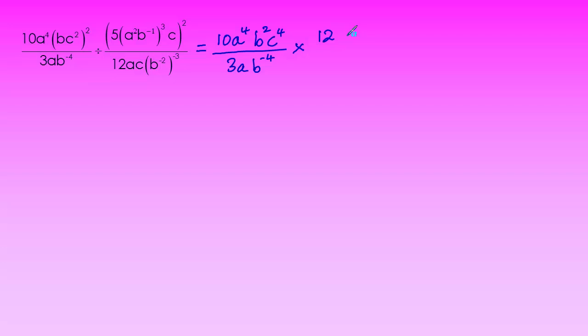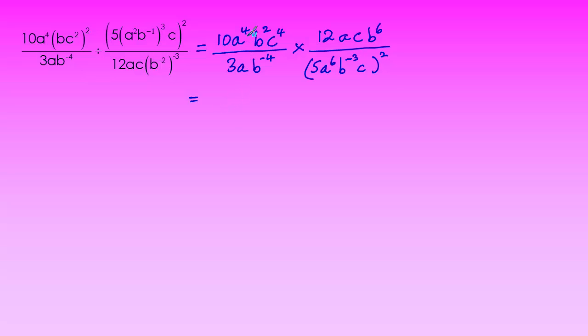12ac b to the power 6 all over 5 a to the 6 b to the negative 3 c all squared.